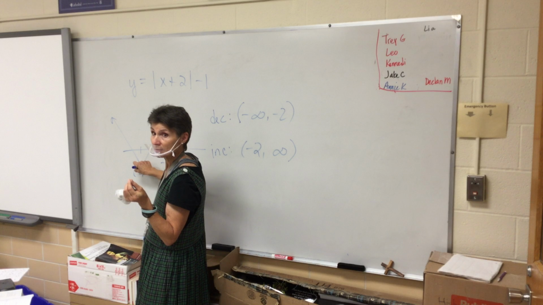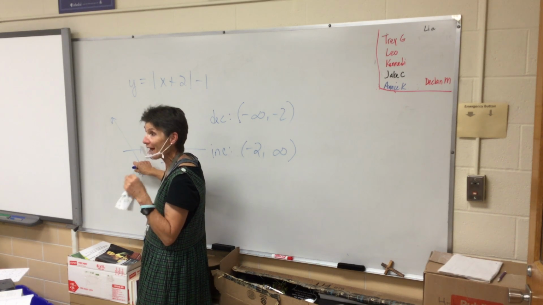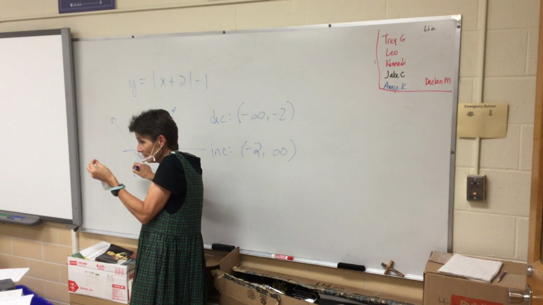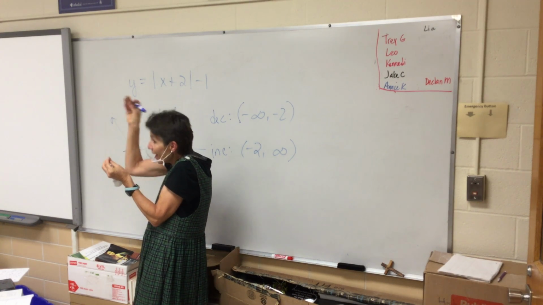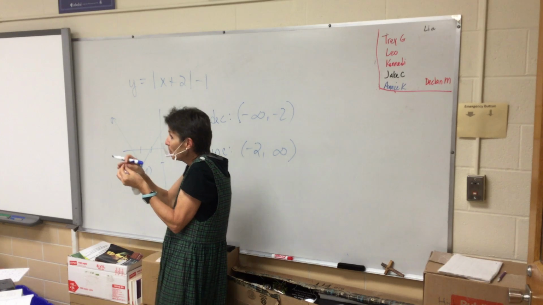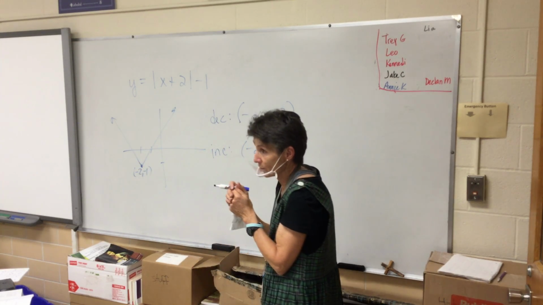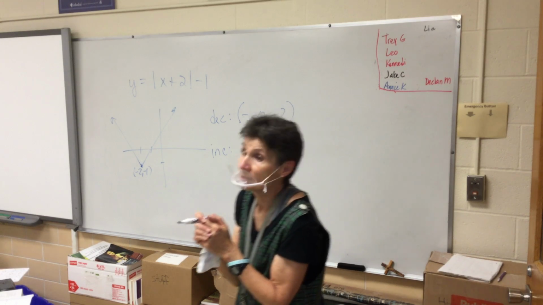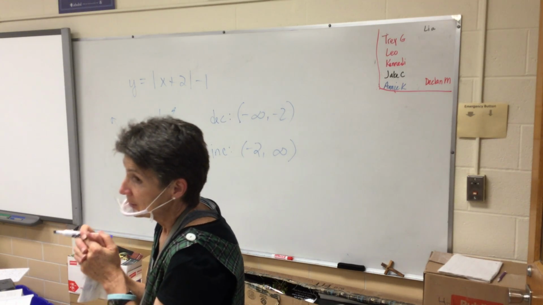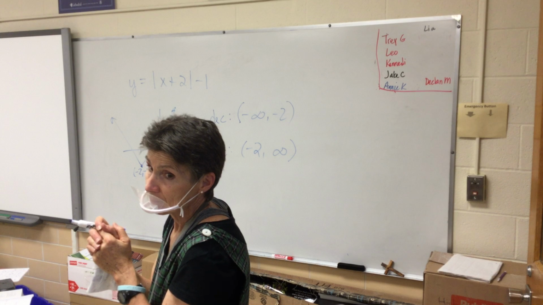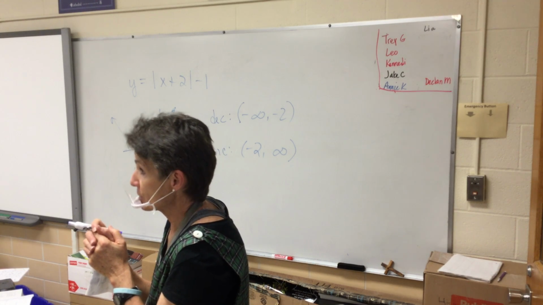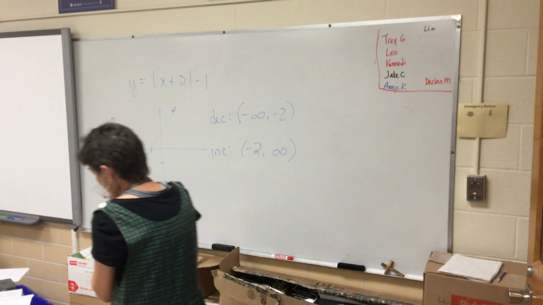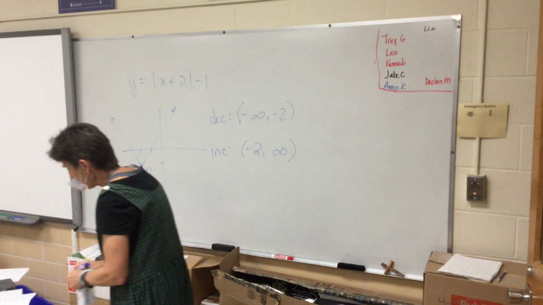Neither one, is it? It's not going up or down at that point. It goes down until it gets there. It goes up after it gets there. But at that point, it's neither increasing nor decreasing. So that point is not included. It will never be included if you have a change in direction there. Okay? All right, so that takes care of increasing, decreasing.